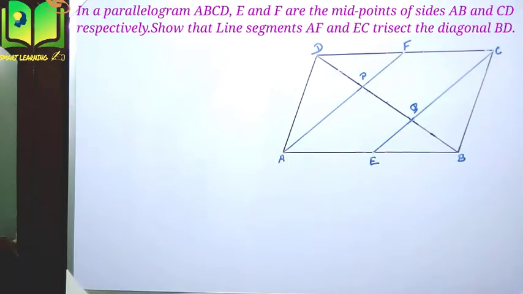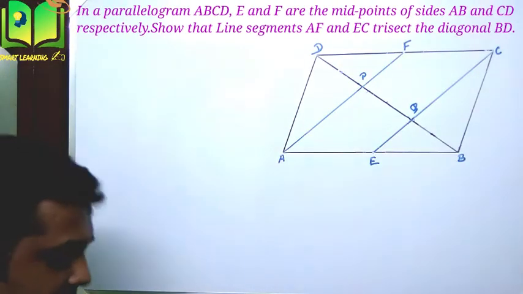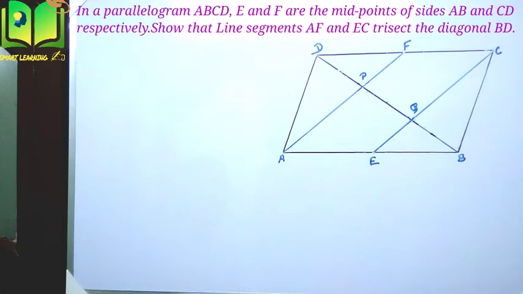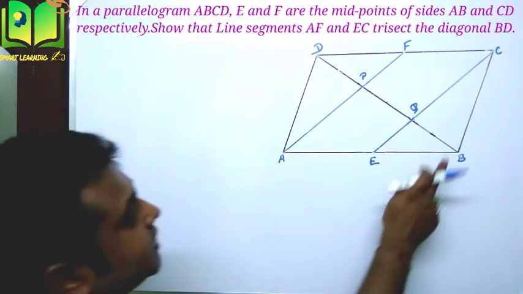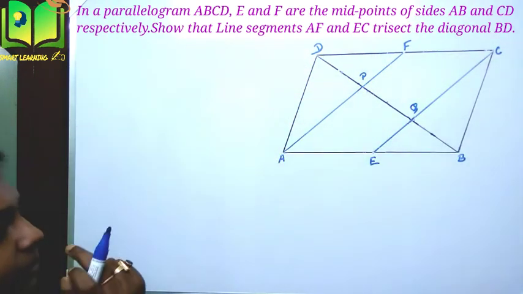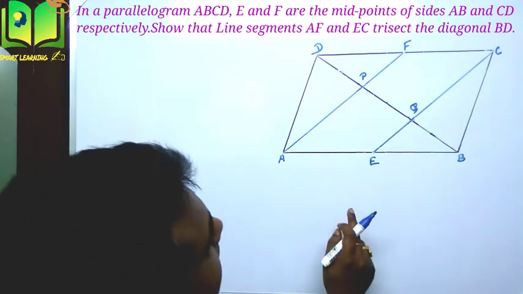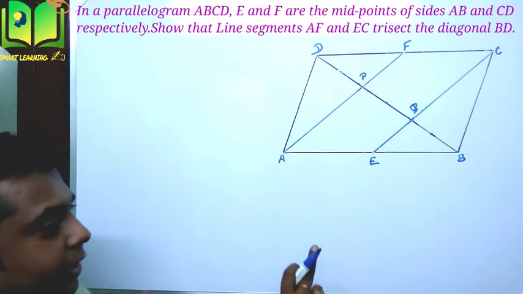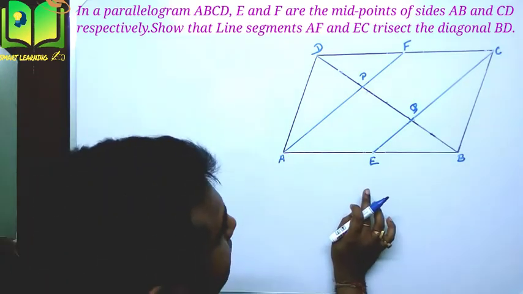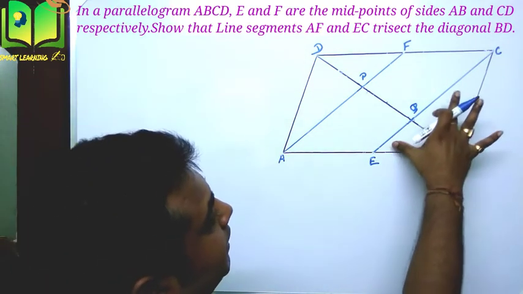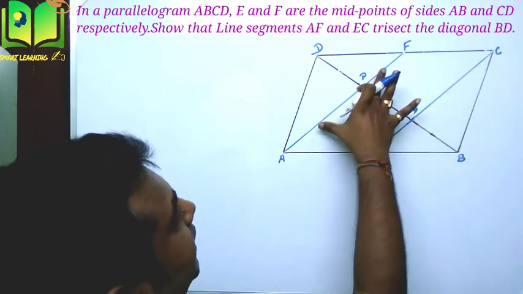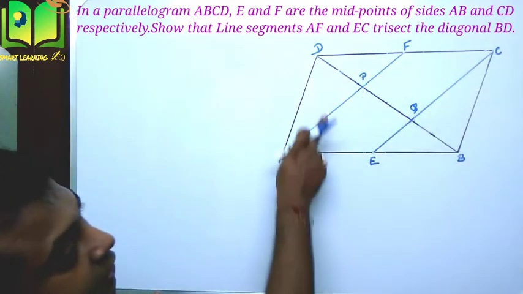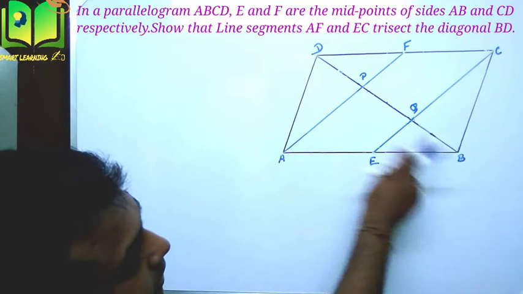Students, see, it is your question number 5. According to the question, ABCD is a parallelogram, and E and F are midpoints. We have to show that the line EC and the line AF trisect the diagonal DB.